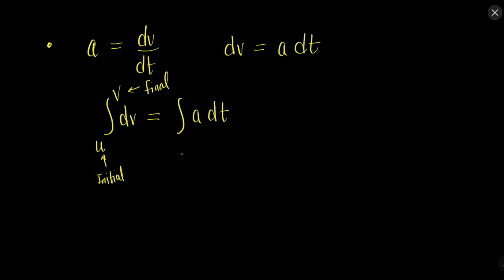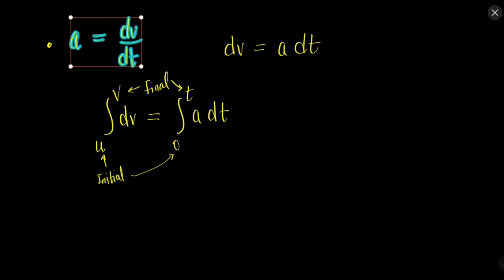Similarly, the time went from 0 to t. That is, we started at 0 seconds and went up to t seconds. This is the final thing and this is the initial thing. Just keep the notation in mind. Do not worry much, the notation will become clear once you do a few examples.